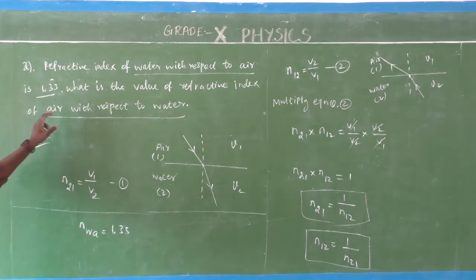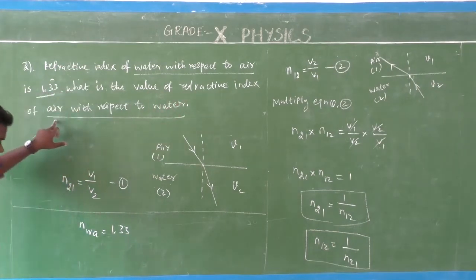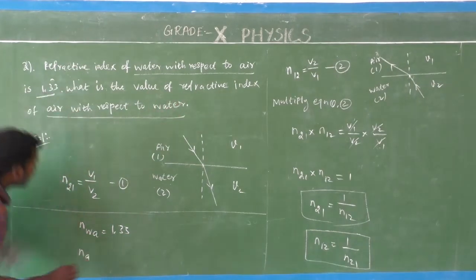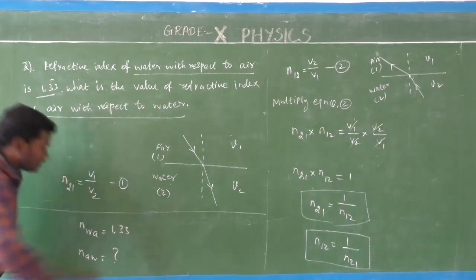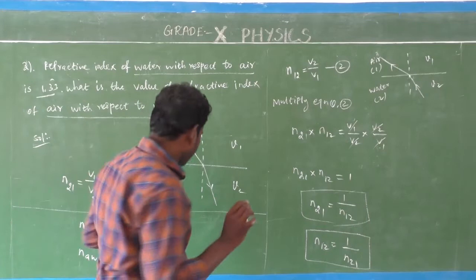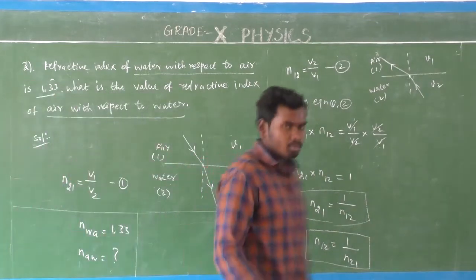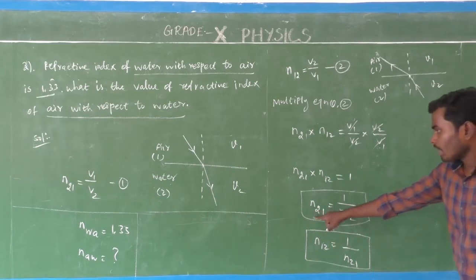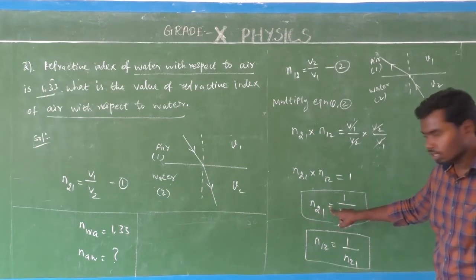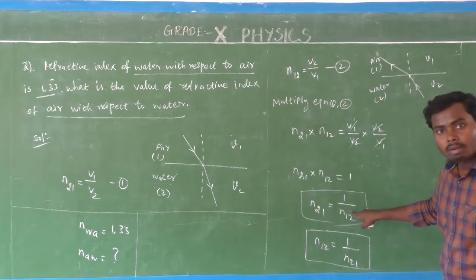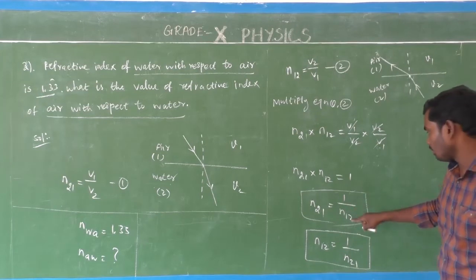What do we have to calculate? The refractive index of air with respect to water. That is the question. The refractive index of medium 2 with respect to medium 1 is equal to 1 divided by, which means the reciprocal law, the inversely proportional law.